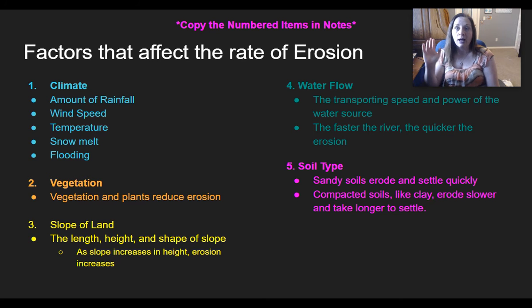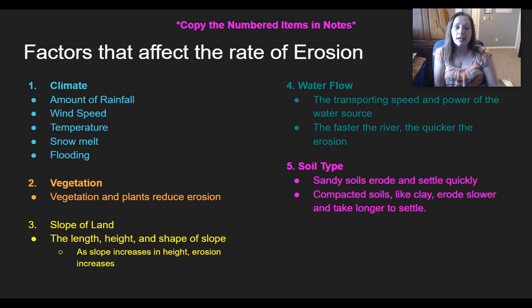Wind speed. Higher winds are going to move things faster than slower winds. A temperature can affect erosion rate, snow melt, flooding, okay? All of these factors can affect how fast the sediment gets moved on out of there, eroded.